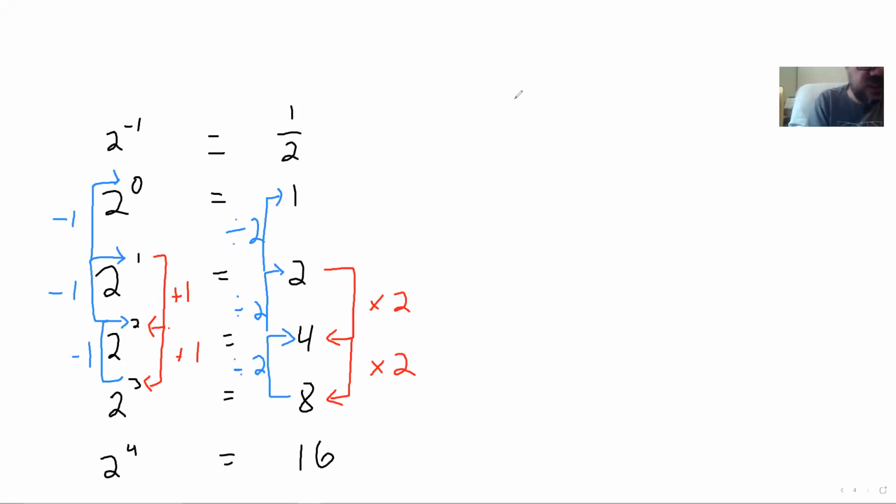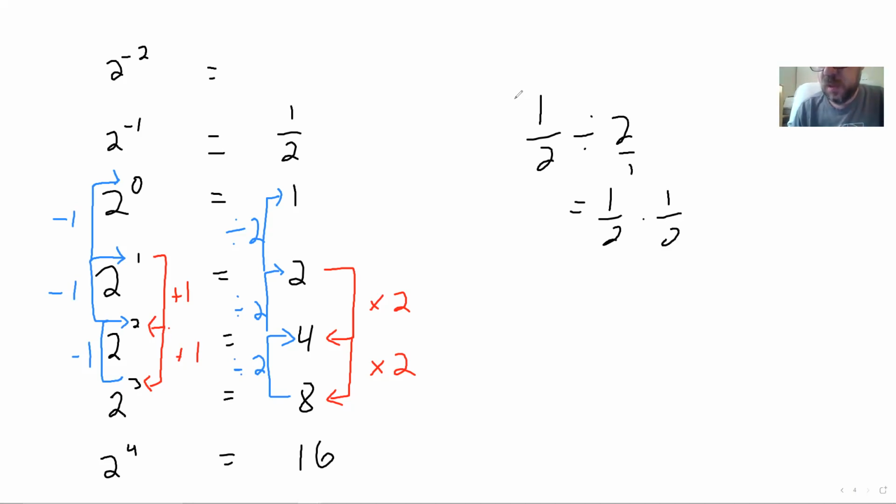And again, let's do 2 to the minus 2. So if I take a half divided by 2, I don't know if it's obvious what that is, but a half divided by 2 is the same thing as a half times 1 over 2, right? Because this is 2 over 1, so I should flip it over and multiply just like with every other division. That's 1/4. And this brings up a good point.